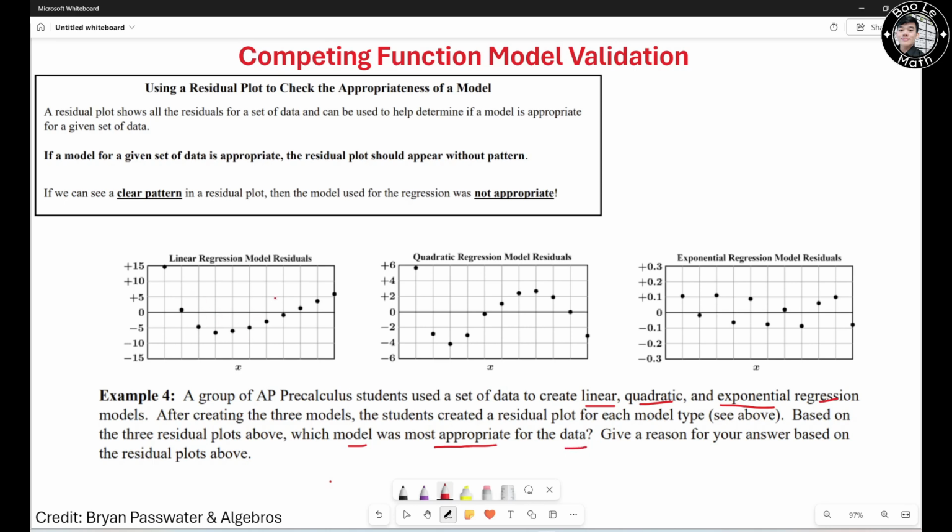So we look at this one, we see that this has a shape, so this is not the right answer. It must show no pattern. This one has a shape, so this is not the right answer. This one has no shape, so this is the answer. So the answer must be exponential regression.